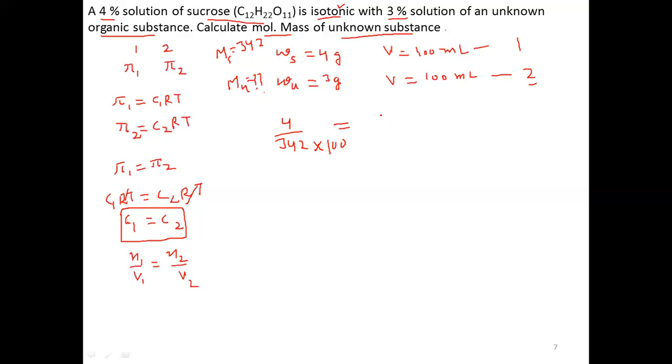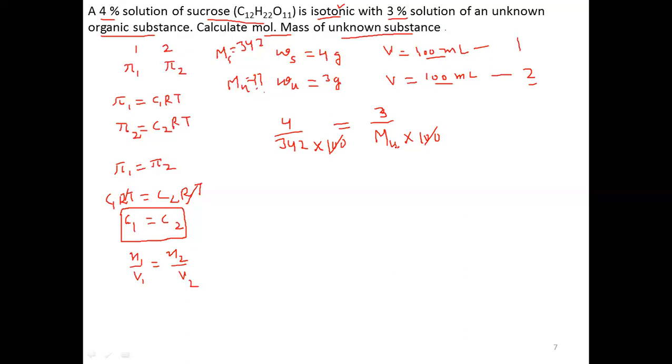Now on the right hand side we have 3 divided by mu, which we have to calculate, into volume, again the same 100. We had to convert ml into liters, but as both volumes are the same, they will get cancelled, so I have not converted them. To save time, I have not converted them because they had to get cancelled.